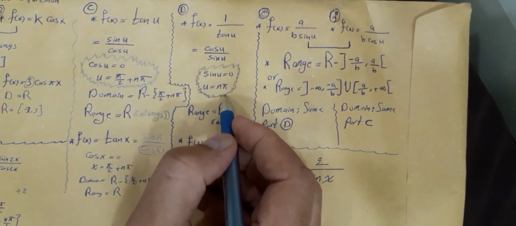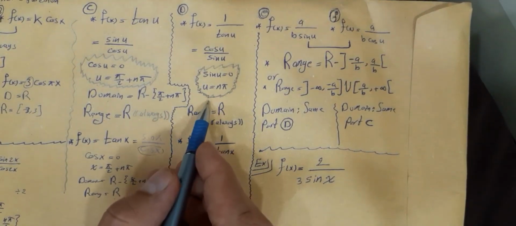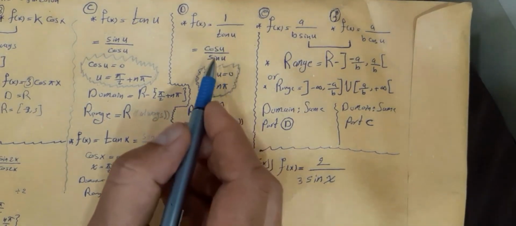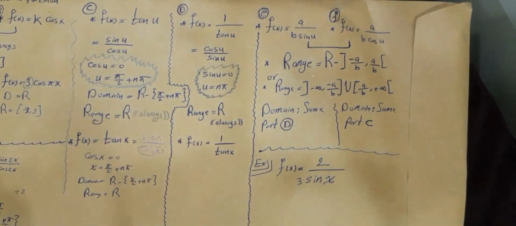It is important for chapter 1, chapter 2 and chapter 3, very important. In the same way, the range for tan and for 1 over tan is always all real numbers.